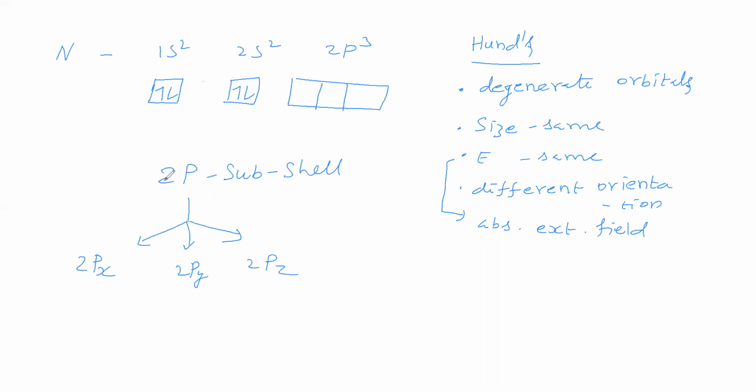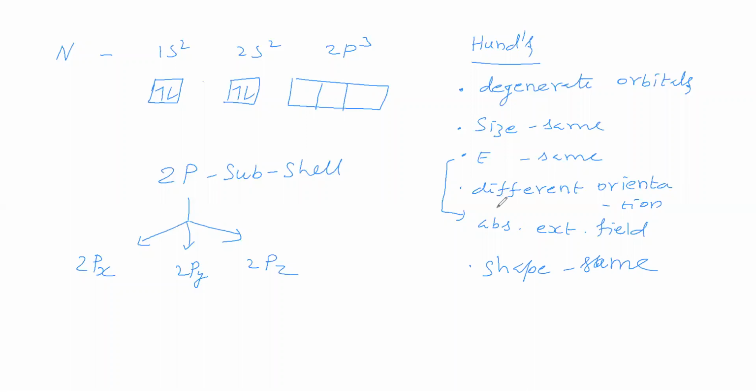The principal quantum number is the same for all these 3 orbitals, and the azimuthal quantum number is the same. Therefore, size is the same. And shape is also the same, because all these are p orbitals, dumbbell shaped.